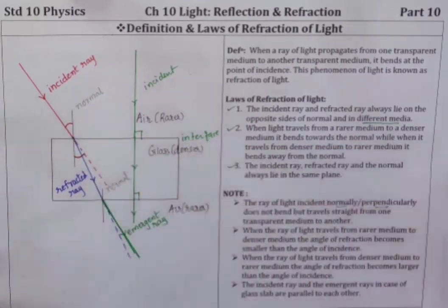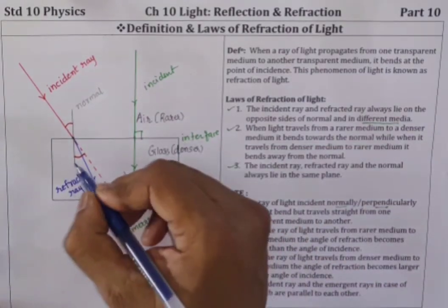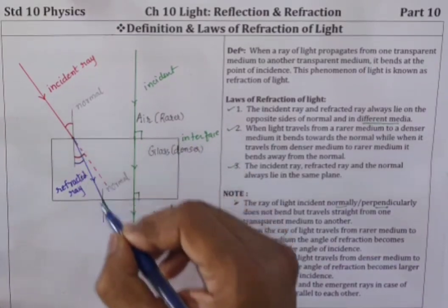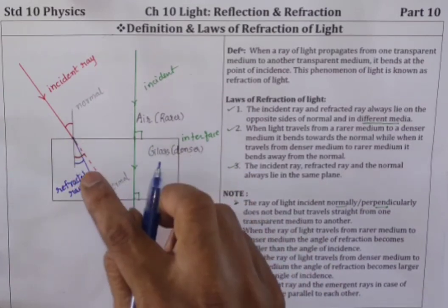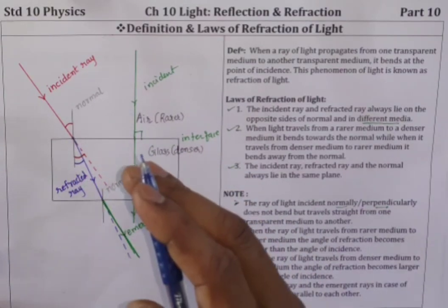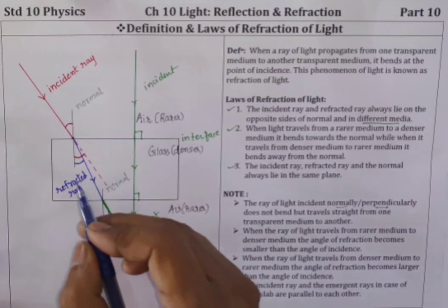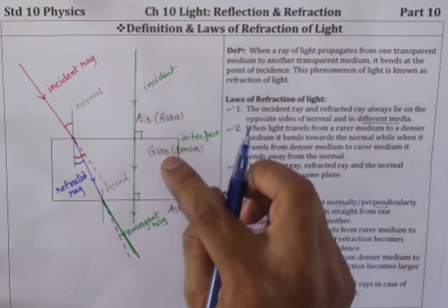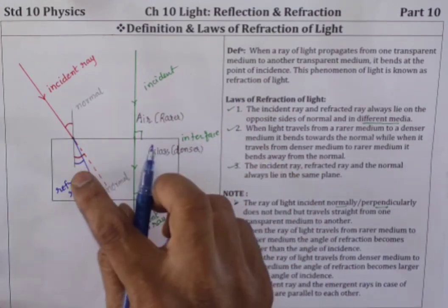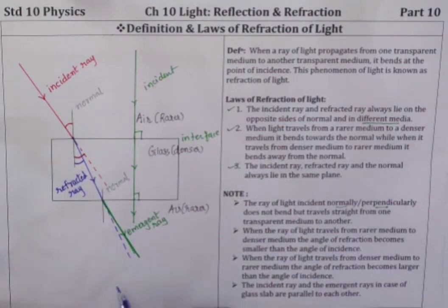So they are equal. But what is happening? The angle is reducing because of bending when light travels from air to glass. So because of bending, the angle reduces. So when the ray will bend, yes, if it is traveling from a rarer medium to a denser medium, it bends towards the normal.